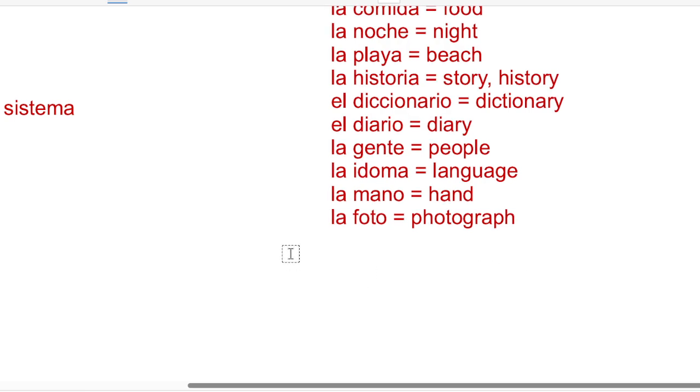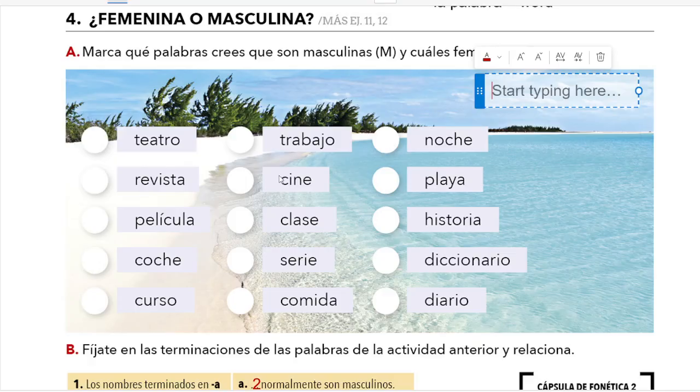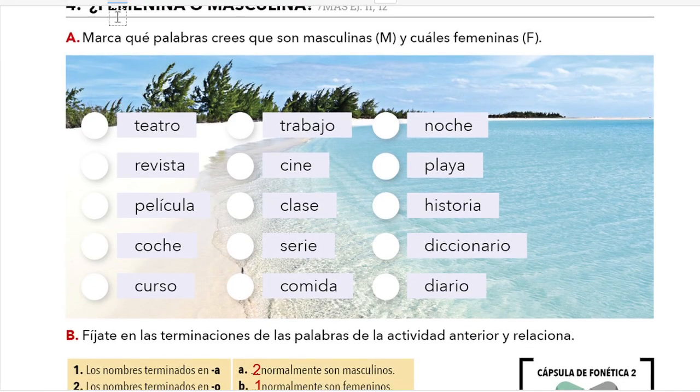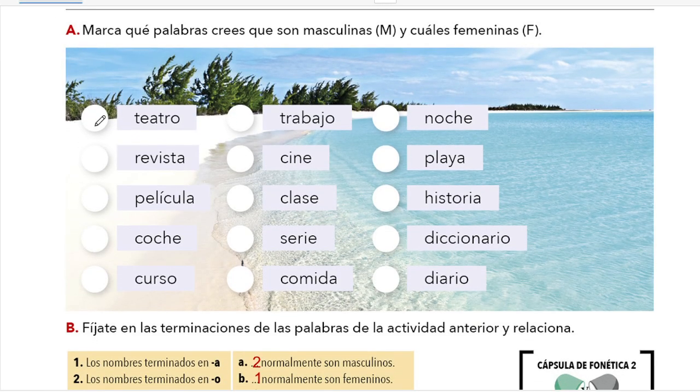Okay. Back here. Now here we can easily fill everything. El coche, el curso, el trabajo, el cine, la clase, la serie, la comida, la noche, la playa, la historia, el diccionario, el diario.